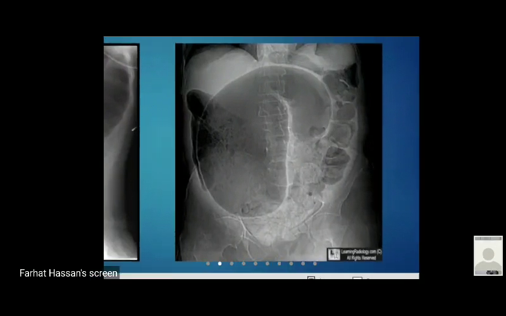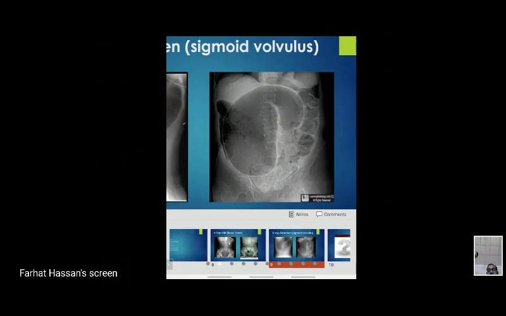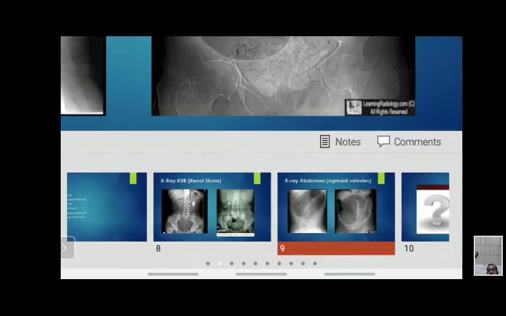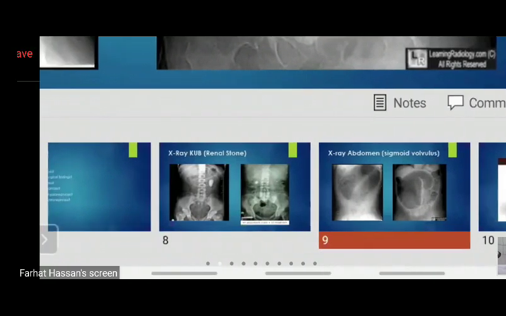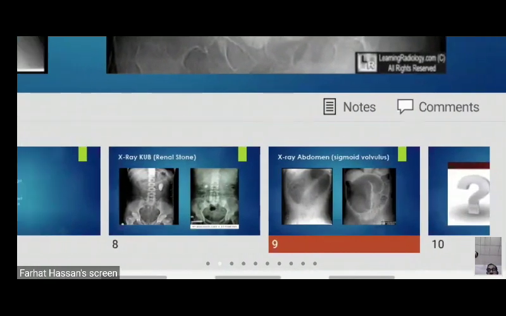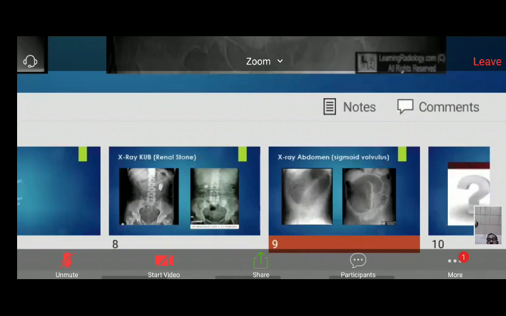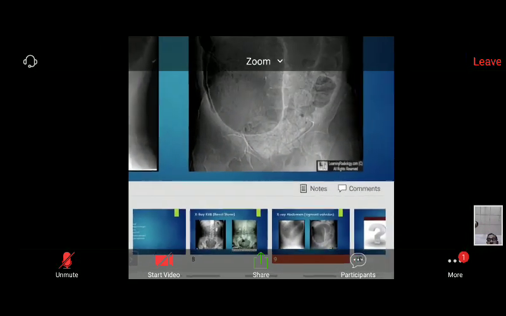So what is the initial management of sigmoid volvulus? Nothing per oral. It is the initial resuscitation, what we have discussed. So after the diagnosis, what is the treatment option?